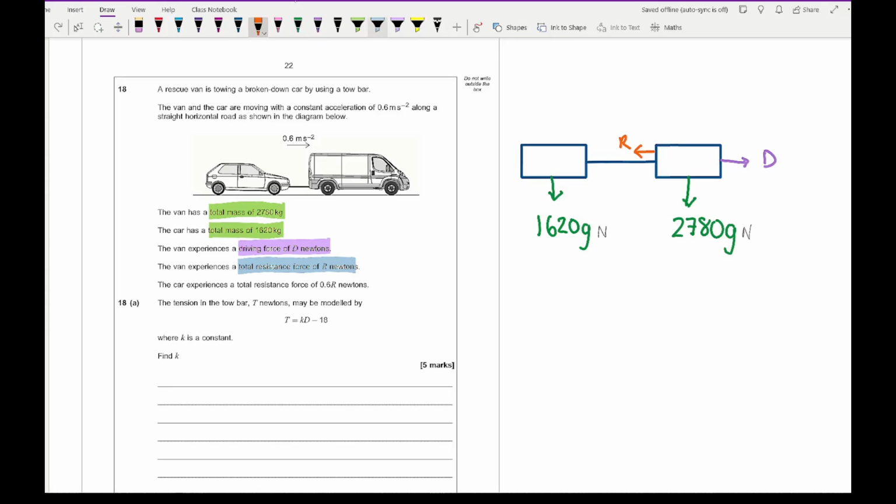It says that the car also has a resistance force of 0.6 R newtons. So these are all our forces. We also have tension acting in the tow bar, and that acts in both directions. Reasons for which we can talk about for part B.